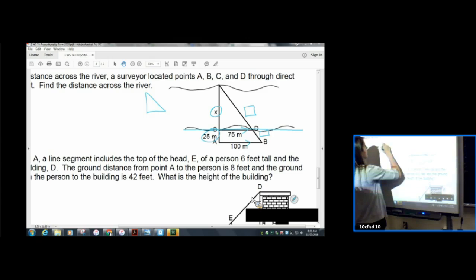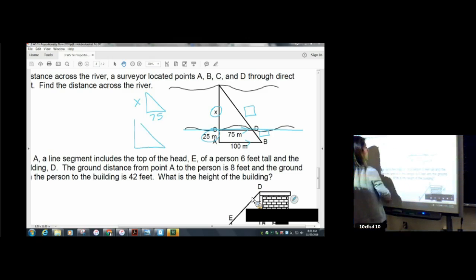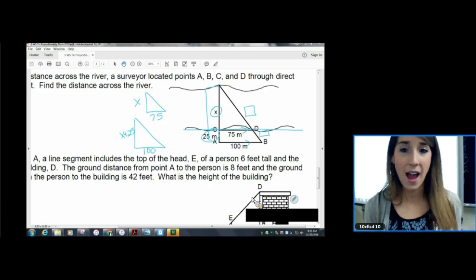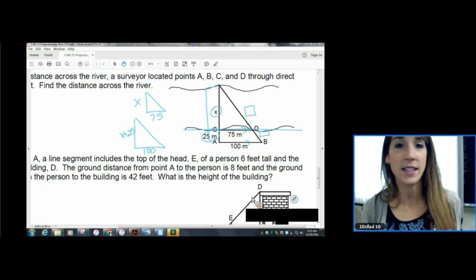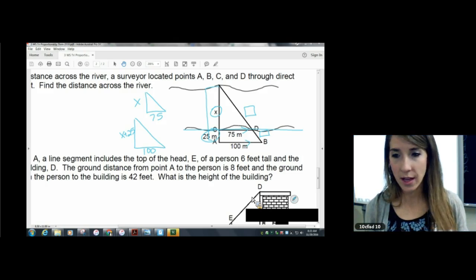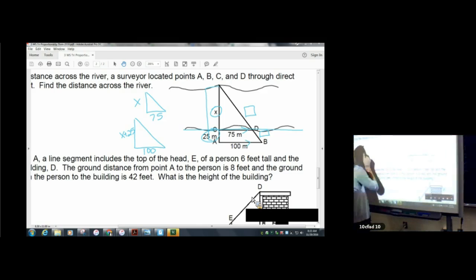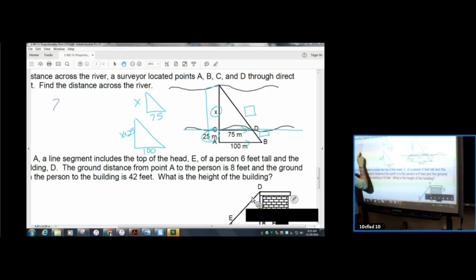That small triangle is x and 75. The large triangle is 100 and, just be careful, the side of that larger triangle is not x, it's not 25, it's not 25x, it's x plus 25. Now I can set up a proportion. 75 is to 100 as x is to x plus 25.